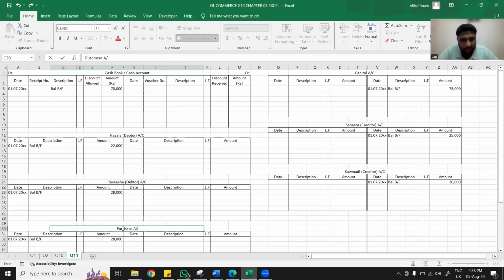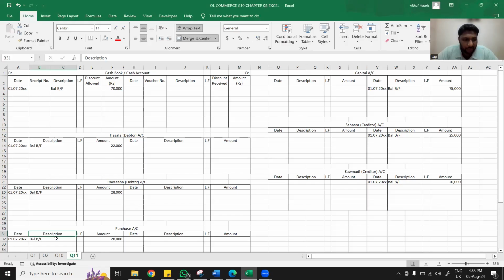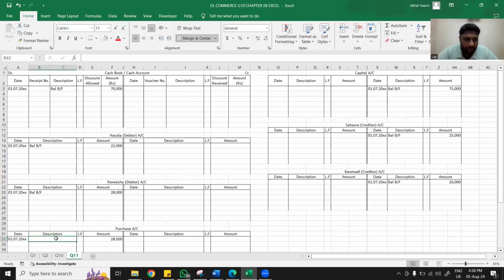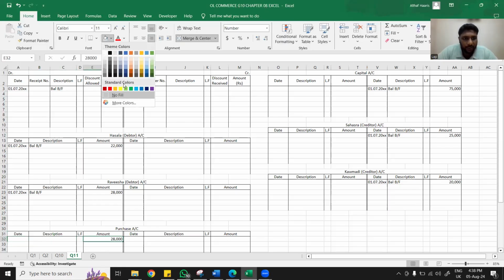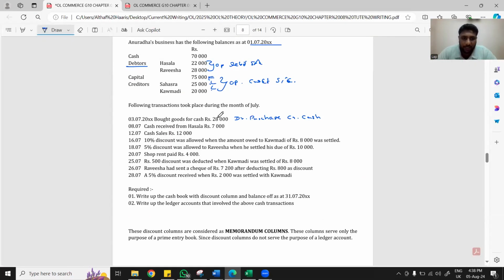Purchase account, the value is 28,000. Cash account credit 28,000. Here you can write purchase, here you can write cash. What's the date? 3/7.